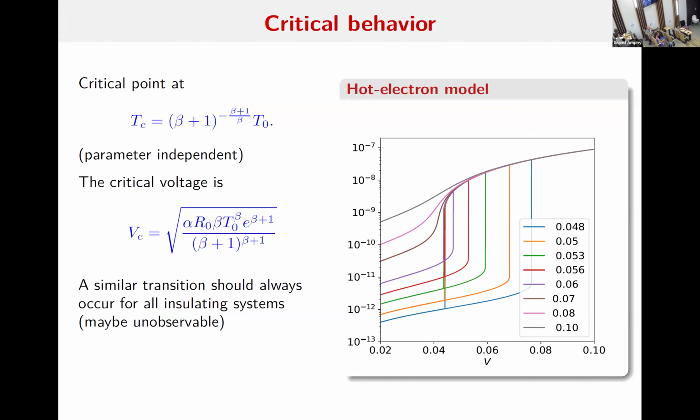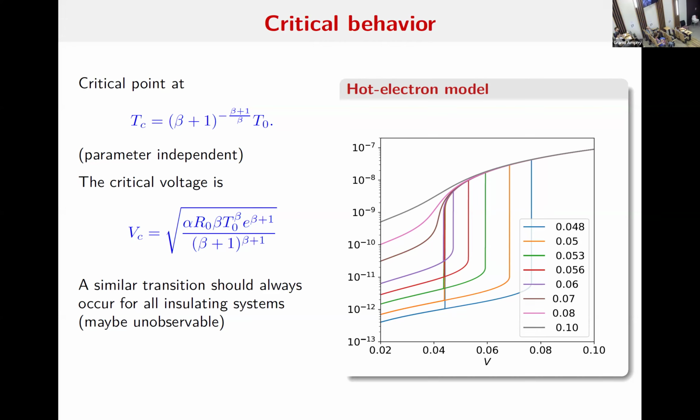There are similar formulas for variable range hopping, but as I said before, the final result is that the critical temperature is much lower if it is variable range hopping. When you put reasonable values of beta, this factor is like 1/10. So the critical temperature is 1/10 of the activation temperature, and this is easily reachable, as you saw.